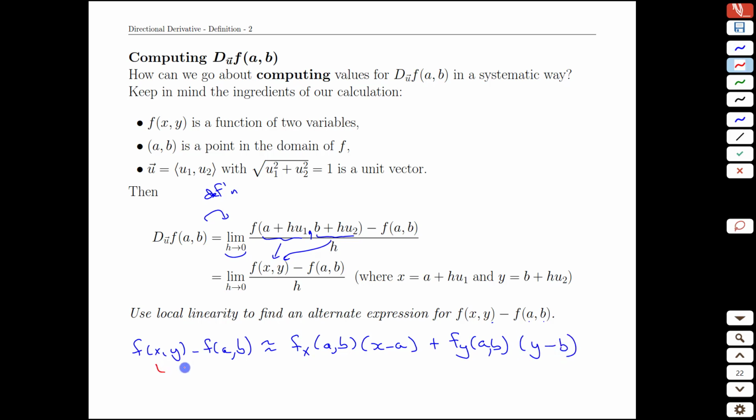This corresponds to our delta f equals the x slope times delta x plus the y slope times delta y. It's one of the earlier forms that we had for our linearization formula or tangent plane formulas.